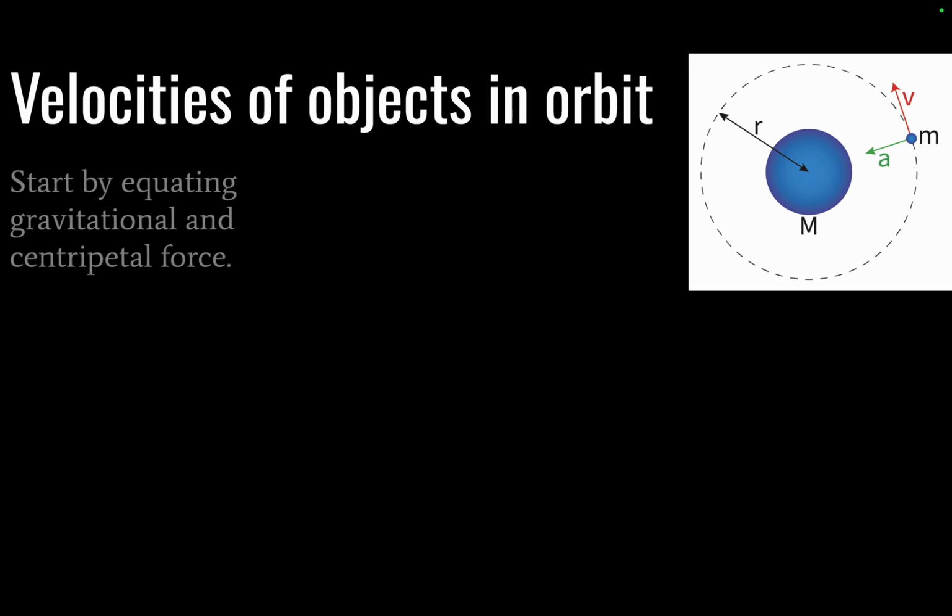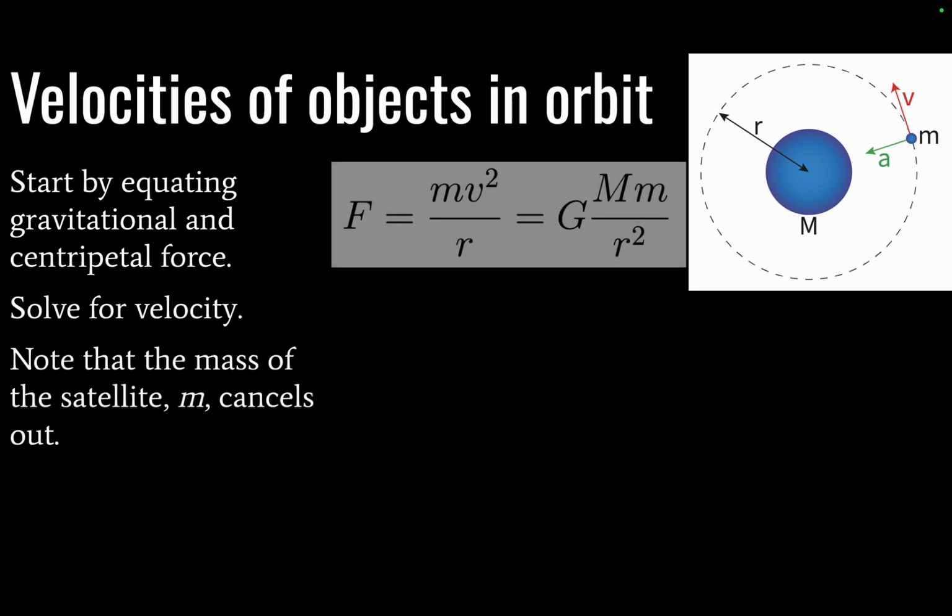So you probably, after pausing the video, started by equating gravitational and centripetal force, solving for velocity. And when we look here at the two equations, this is centripetal force, this is our gravitational force. What we will notice is that our m cancels out immediately, and one of our r's cancels out, leaving the other one intact.